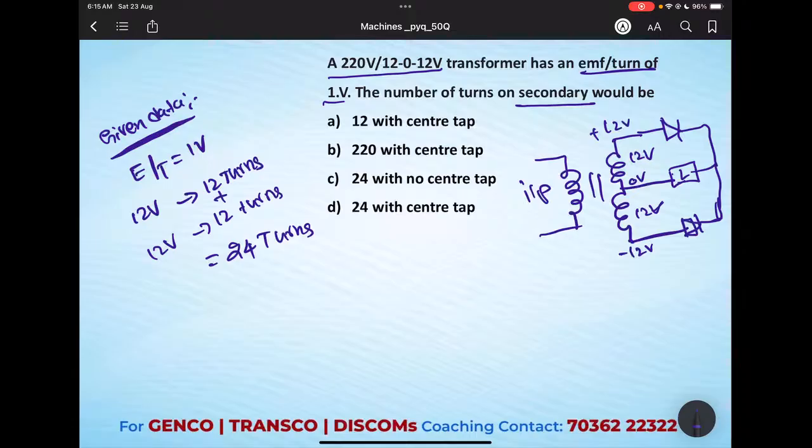If you see the options, 24 is there, but the options are a little bit confusing. If you see options C and D, they give no center tap and with center tap. So our option will be the one with center tap. In the given data itself, we identified that it is a center tap transformer, and we calculate the number of turns based on that. So our option will be 24 turns with center tap.